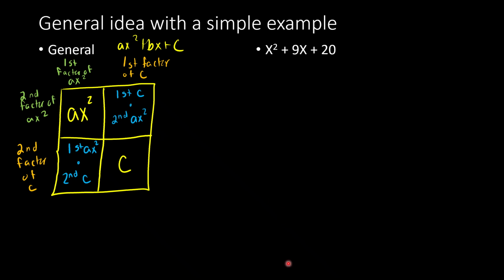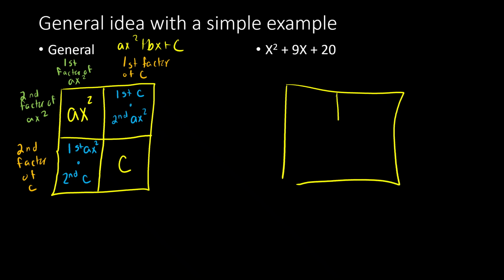We've got x squared plus 9x plus 20. Now this has the leading coefficient of 1. Okay, and then we have the 20 down here, and this one is simpler because you only have that 1 out in front, and so the only way for this to factor is to get the x times x.